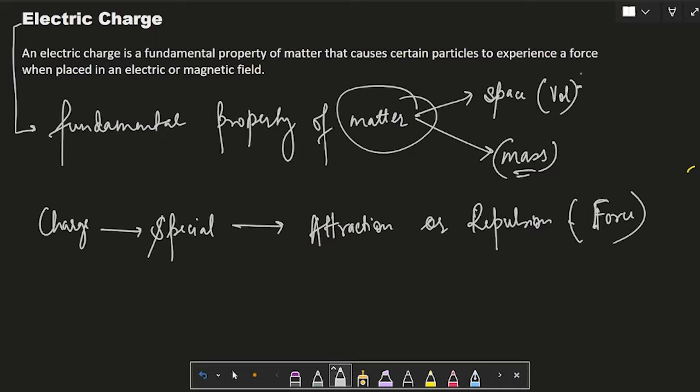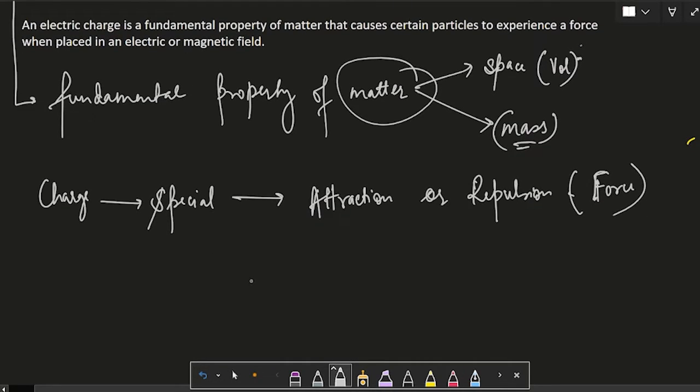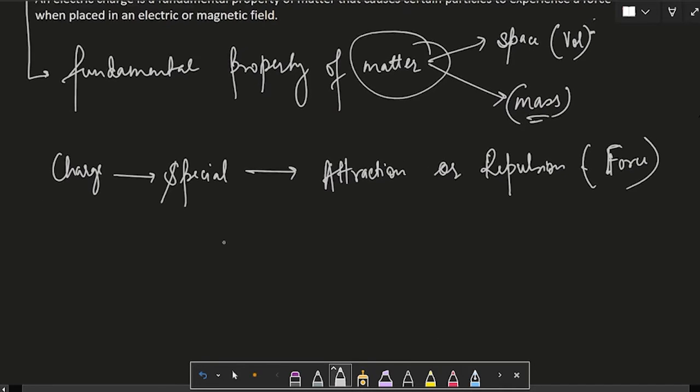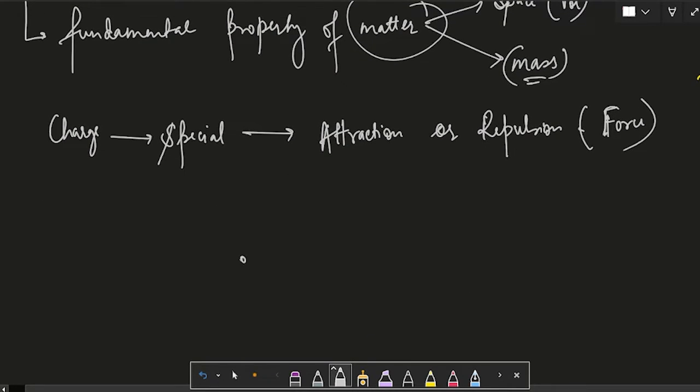Let's understand this with an example. Assume that there are two particles, particle number 1, P1, and particle number 2, P2. We know that these two particles are separated by a distance of d. Now, we also know from previous classes that gravity would affect because masses come into play.